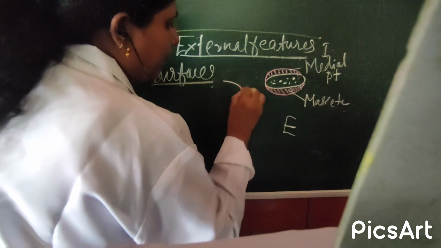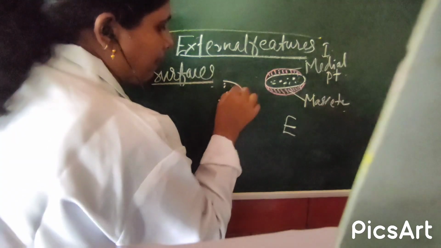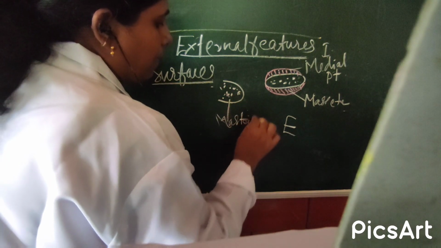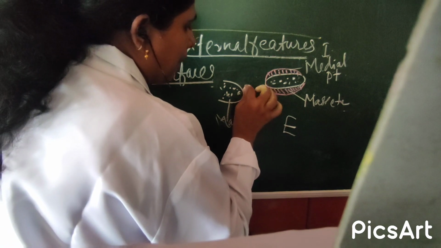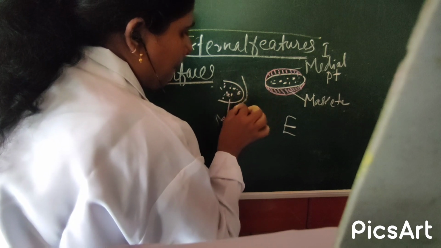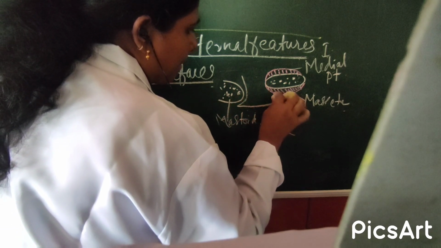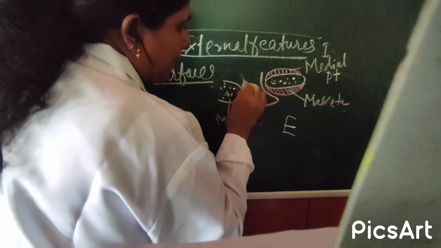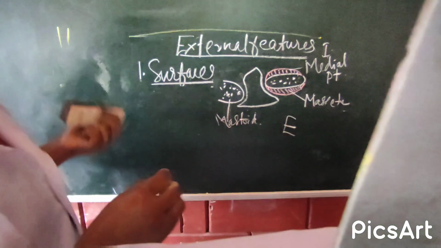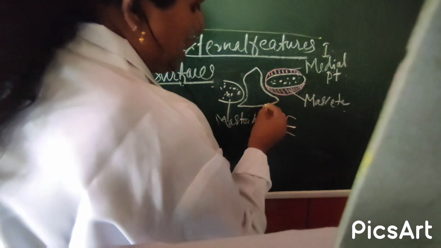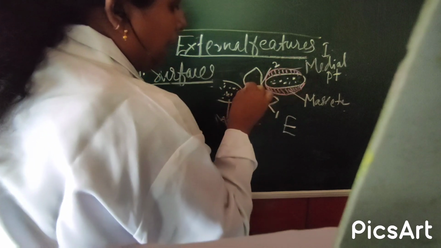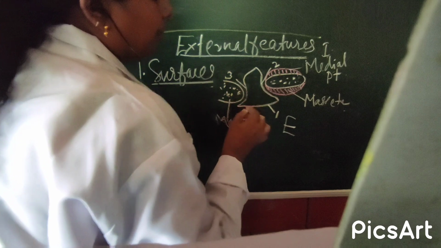And here we can represent the mastoid process. In between, we can see the gland presenting itself like this. Here we can see this is one surface, this is another surface, and this one is another surface.